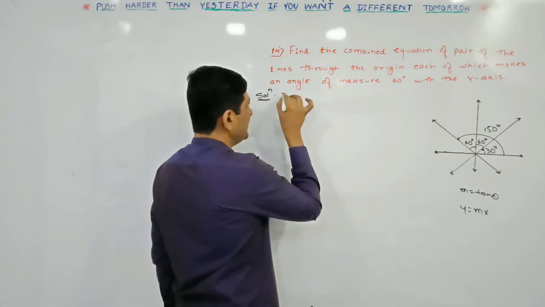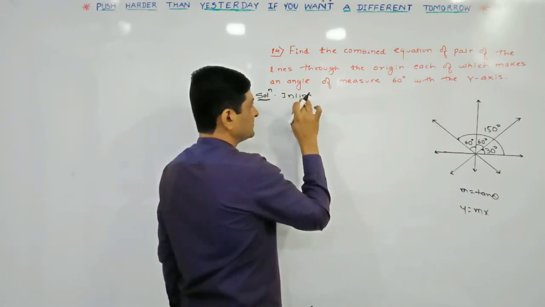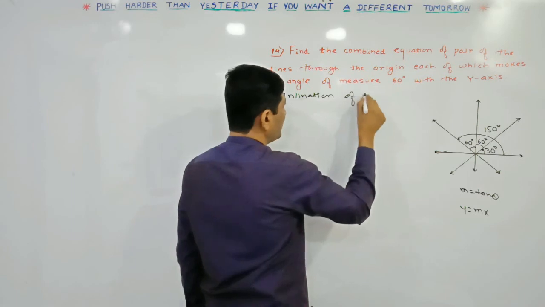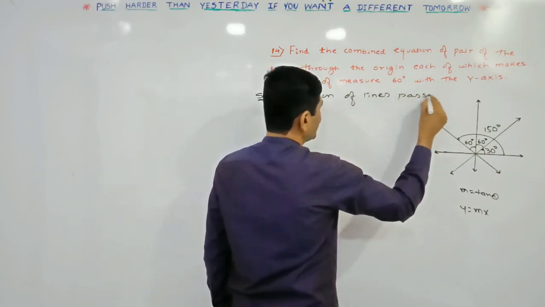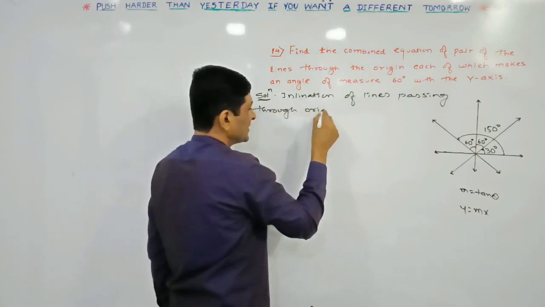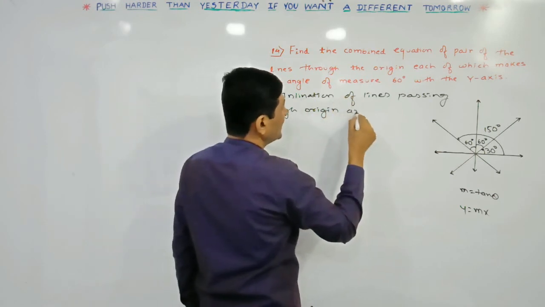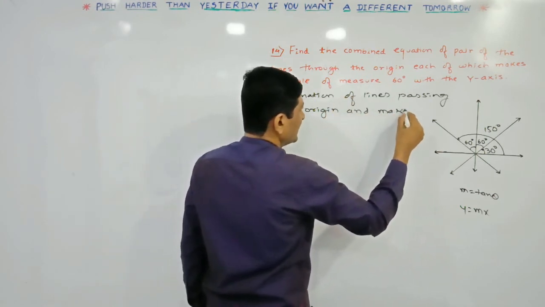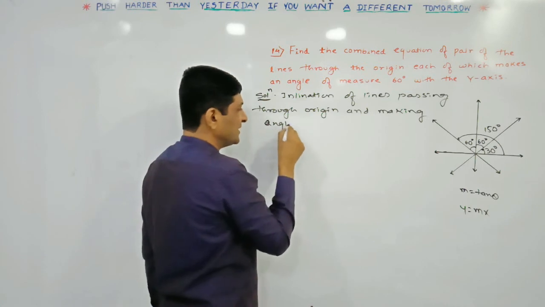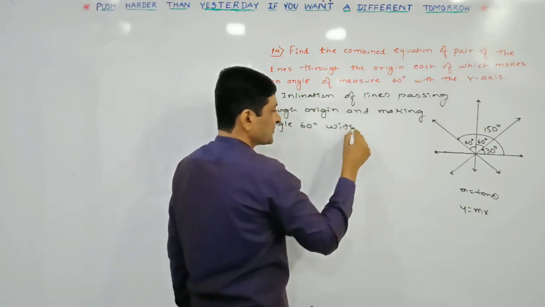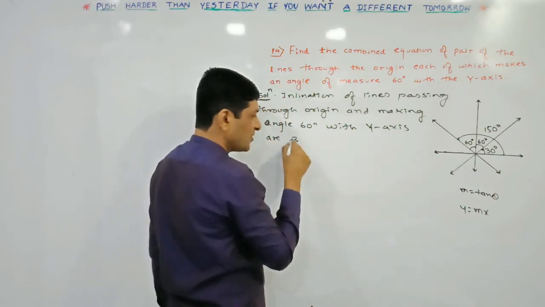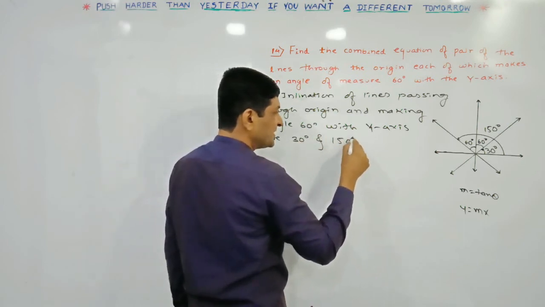So here we can say that the inclinations of lines passing through the origin and making an angle of 60 degrees with the y-axis are 30 degrees and 150 degrees, isn't it?